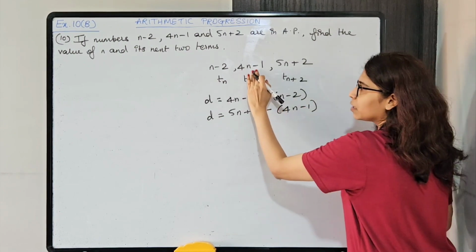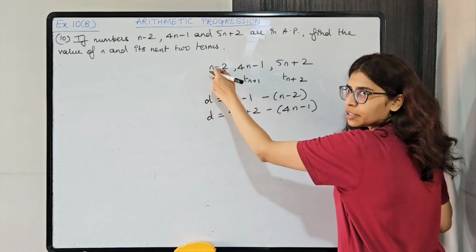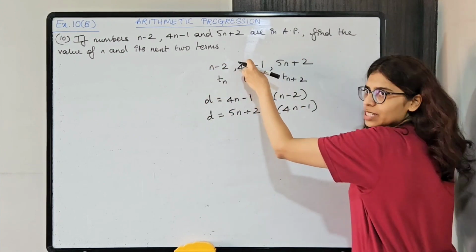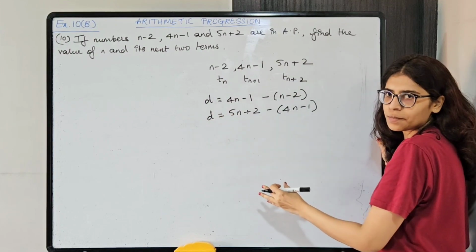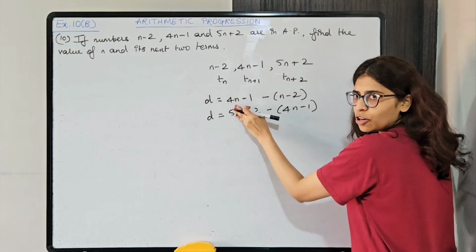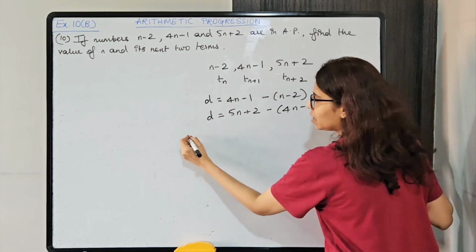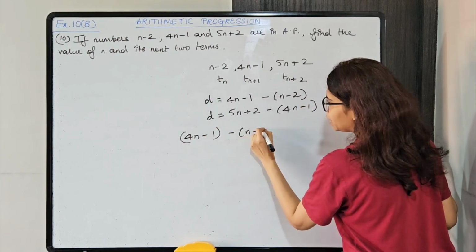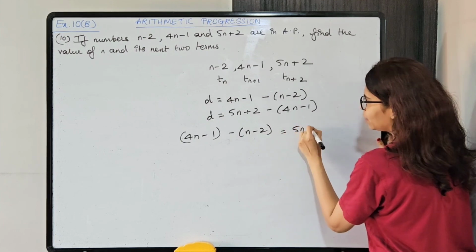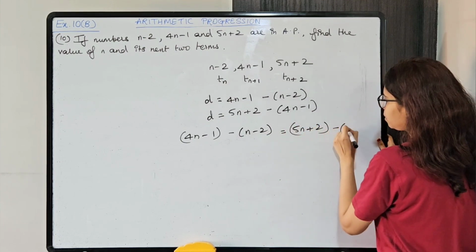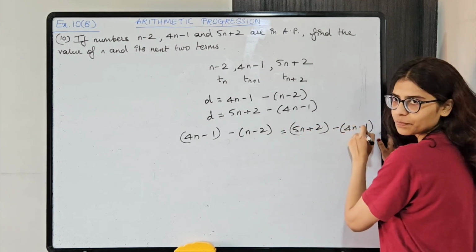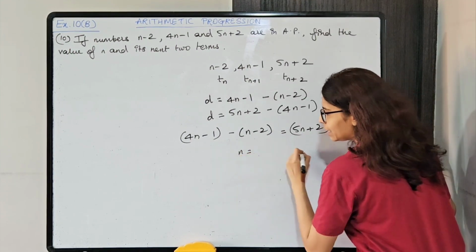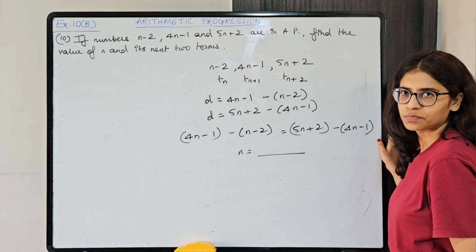Succeeding term minus preceding term will give me common difference. So both are common difference. It means 4n minus 1 minus n minus 2 is equal to 5n plus 2 minus 4n minus 1. Solving this, I'll get the value of n.